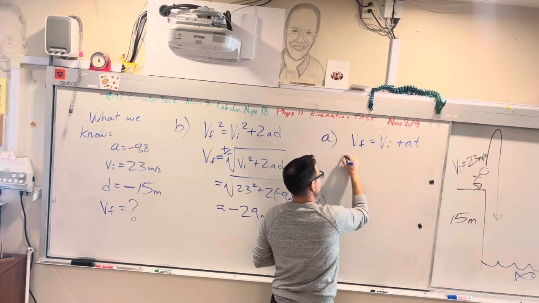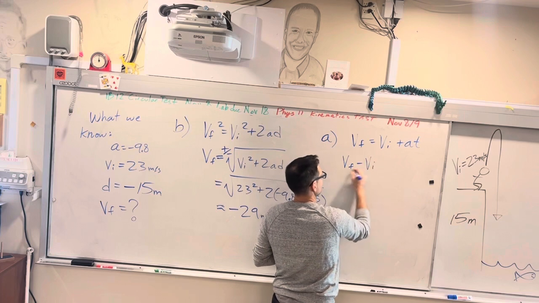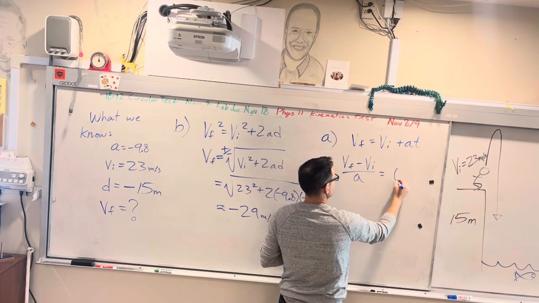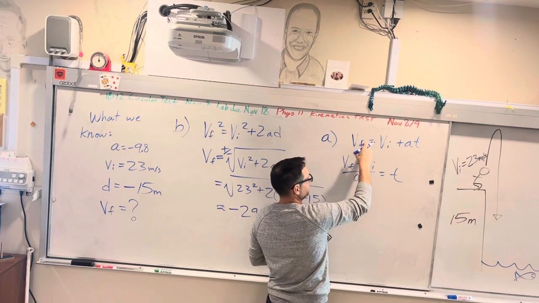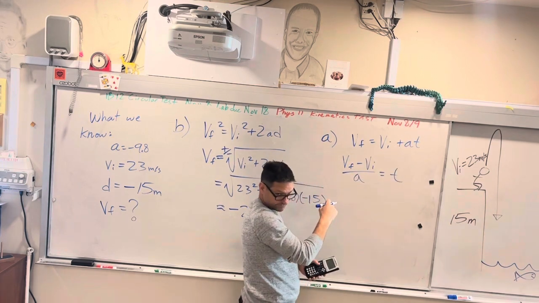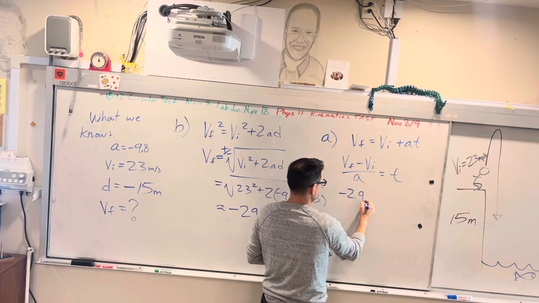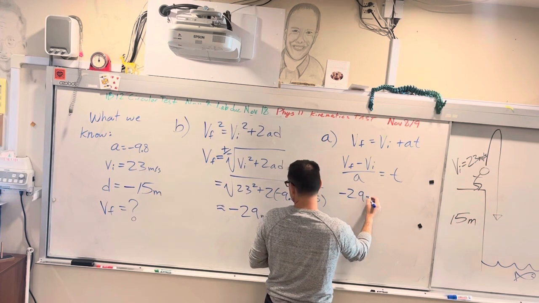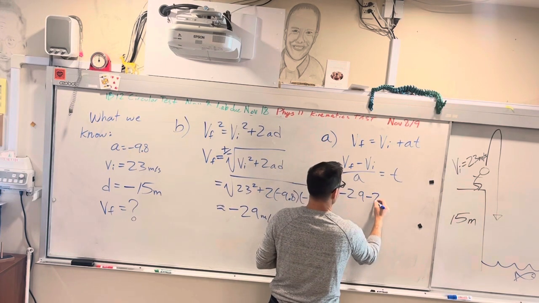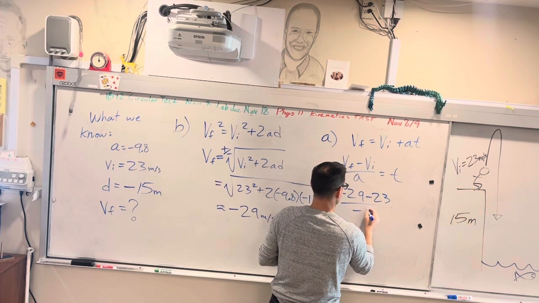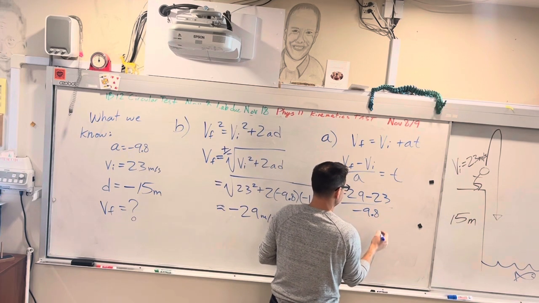We're going to solve this for time. So I'm going to just subtract the VI over and then divide by A. And I know my VF now is -29 or so, minus my 23, and that's all over -9.8.